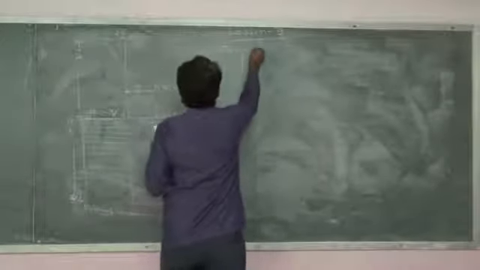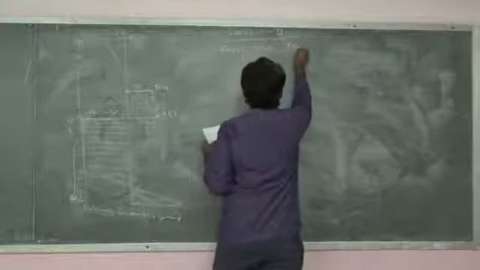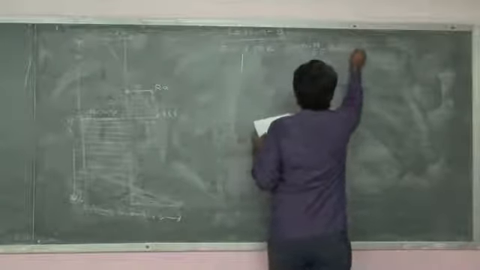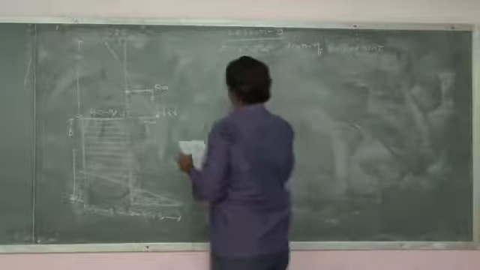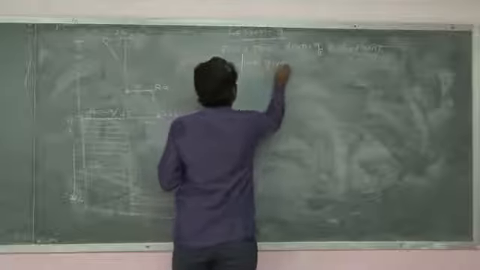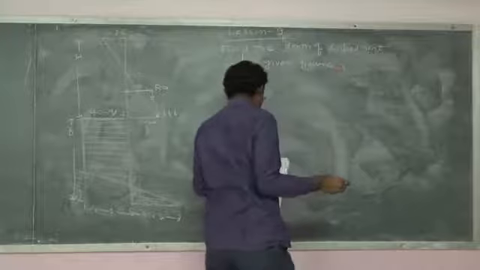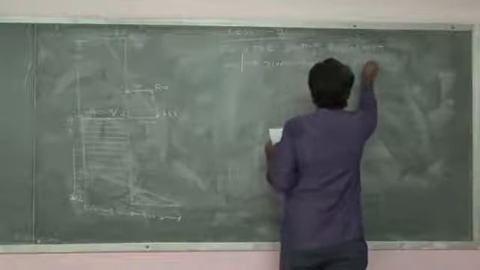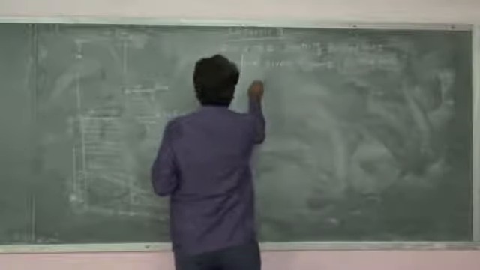Find the depth of embedment, that is capital D, for the given figure, if the soil is clay, means above and below both the soil is clay.